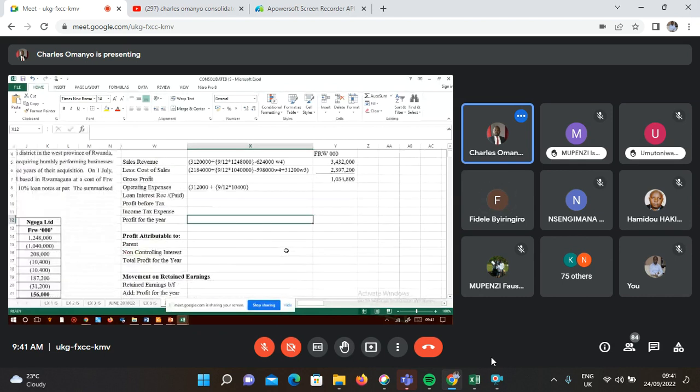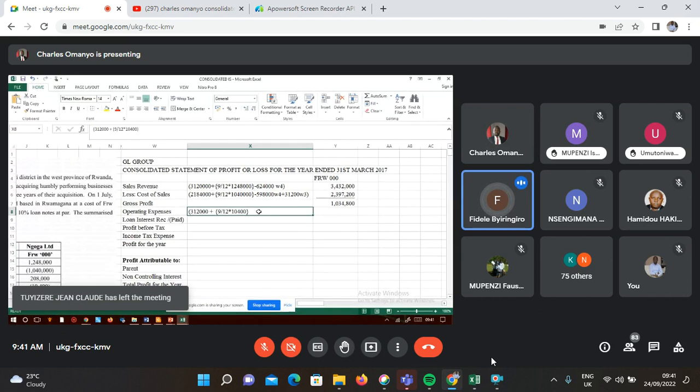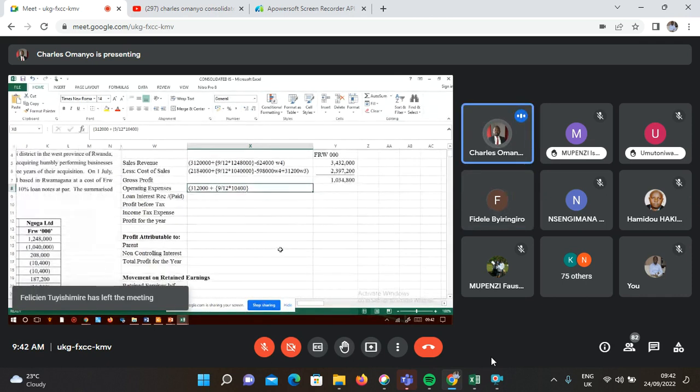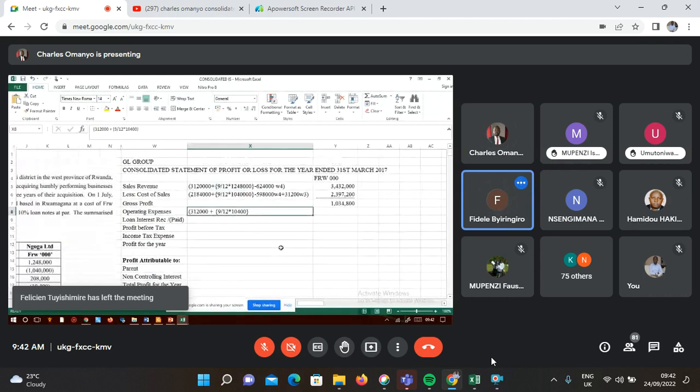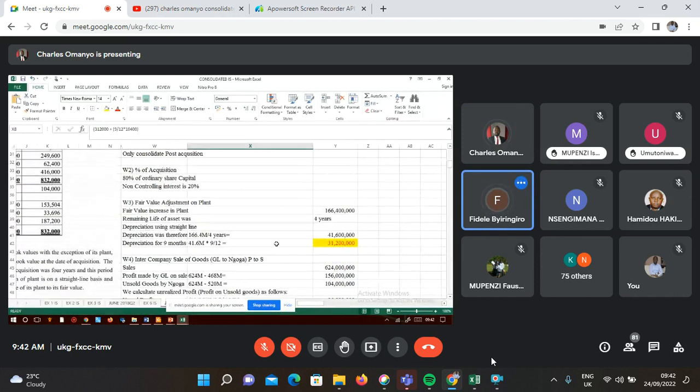That 31,200,000 is not about impairment, it's about depreciation. The cost of depreciation. We're not yet at impairment. I was just using impairment to explain. Remember, I said impairment is just like depreciation.